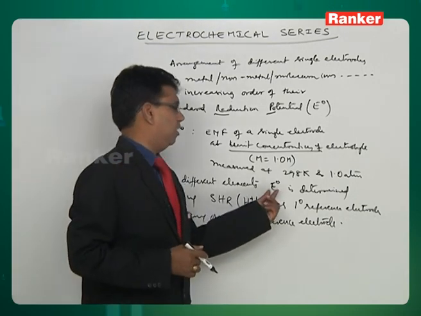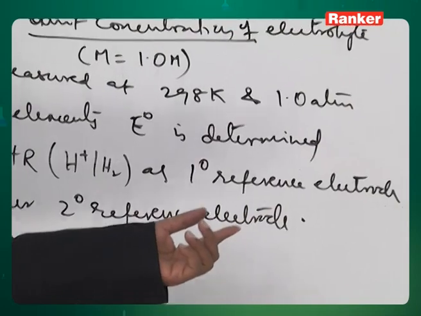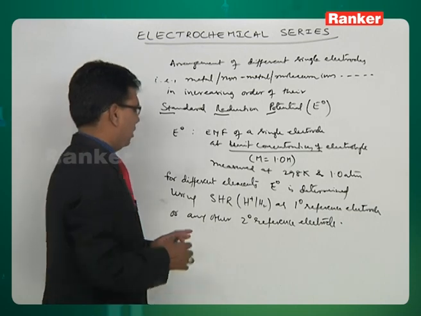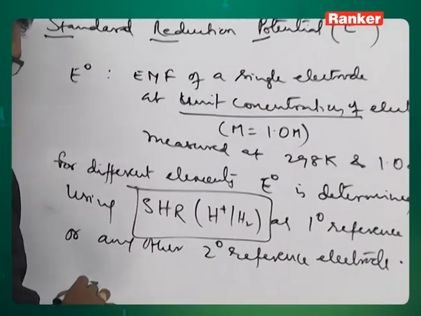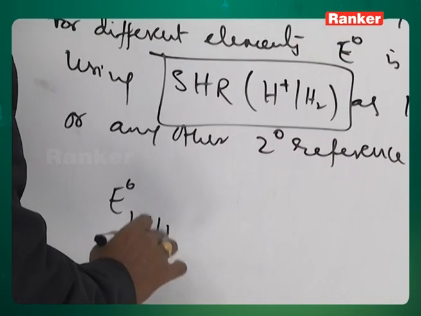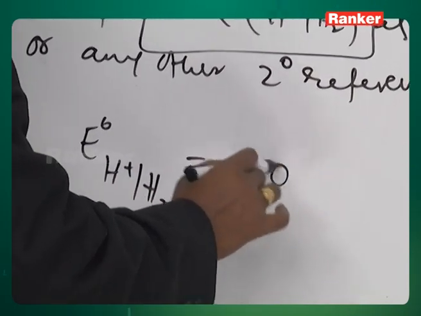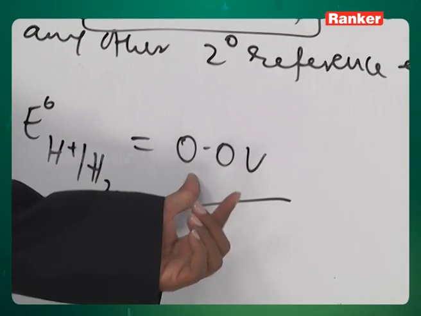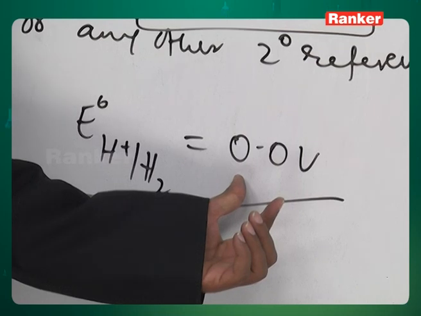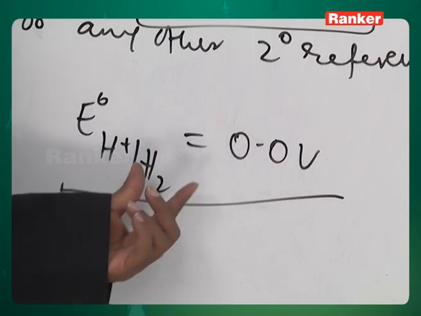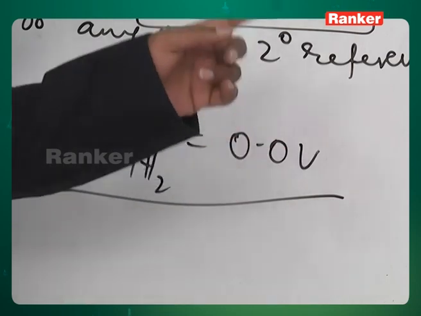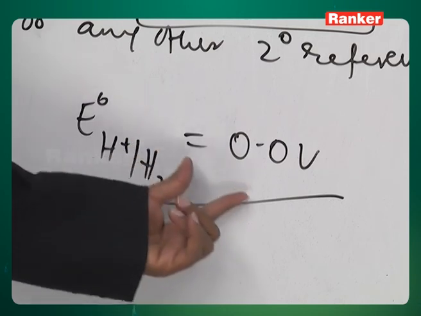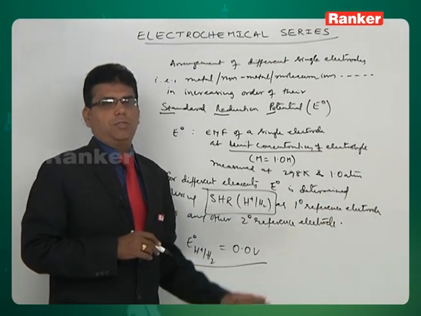But the standard E naught values are, of course, for all the elements determined by using the primary reference electrode, that is the standard hydrogen electrode. So, the E naught value of H plus H2 is always said to be 0.0 volts. As this is moderately electronegative, neither highly electronegative nor least electronegative, it is taken as a reference and its EMF is considered as 0. Using this, the E naught values of all other elements have been determined.